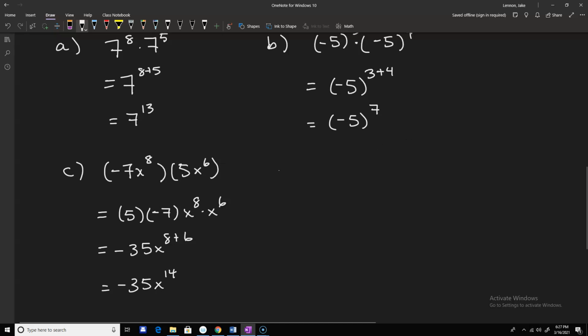Okay, and then for D, one thing you don't want to make a mistake on is if you have something like 4 to the 4th plus 4 to the 3rd, something like this. So essentially, the terms are added and not multiplied.